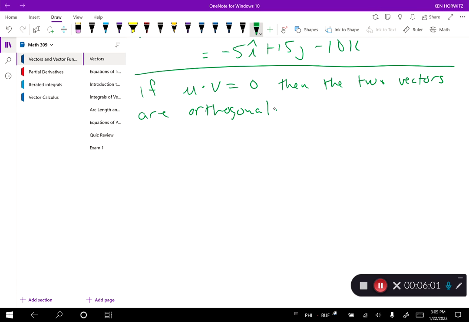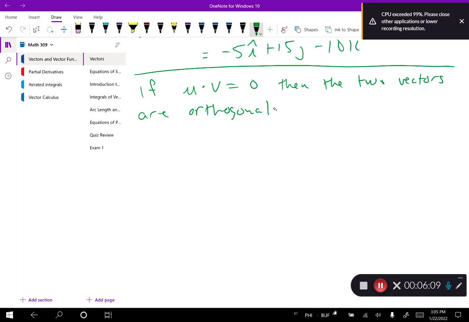Orthogonal is another word for perpendicular. It means that when these two vectors come together, they will create a 90-degree angle.